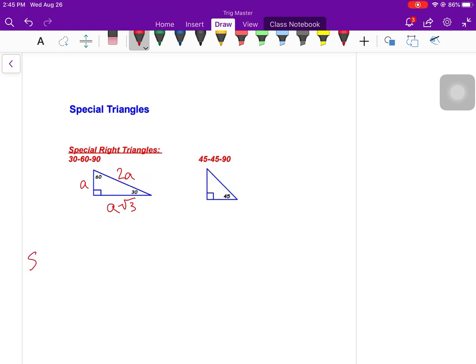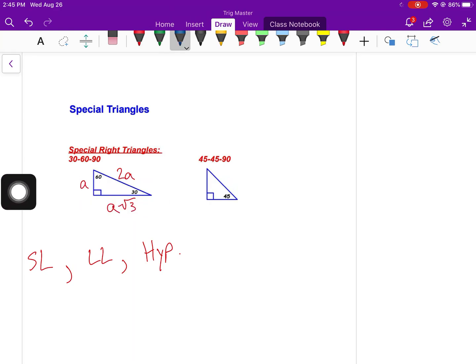Or short leg, long leg, and hypotenuse. The short leg, long leg, and hypotenuse all have their measurements based off this short leg. Like I know Miss Brantner in geometry taught the long leg is the short leg times square root of 3. The hypotenuse is the short leg times 2.